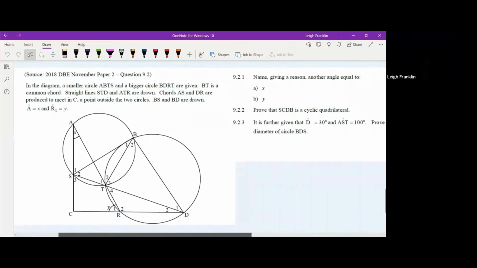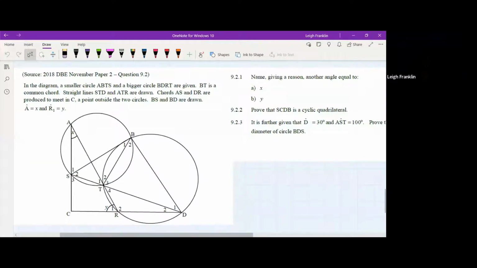So first of all, it tells us in the diagram, there is a smaller circle, ABTS, and a bigger circle, BDRT. BT is a common chord. So in other words, BT is in both circles. Straight lines STD and ATR are drawn.